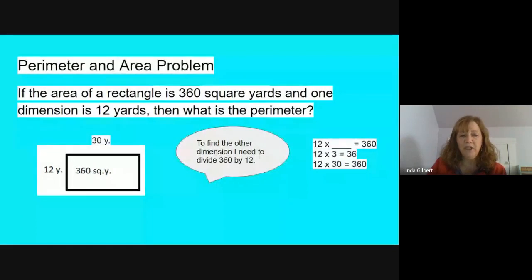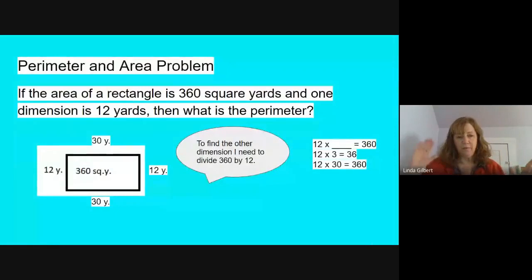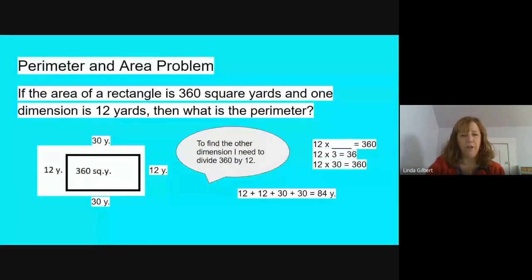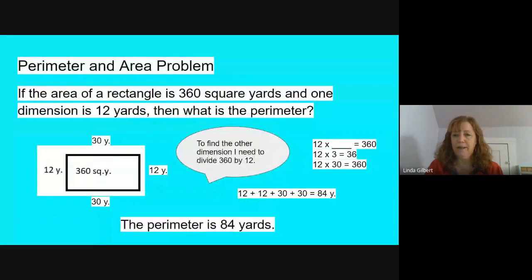So that other dimension is 30 yards. But I still haven't found the perimeter. To do the perimeter, I need to add all four sides. So if the left side is 12, the right side is 12. If the top is 30, the bottom is 30. I have to add 12 plus 12 plus 30 plus 30 to get 84 yards. The perimeter is 84 yards.